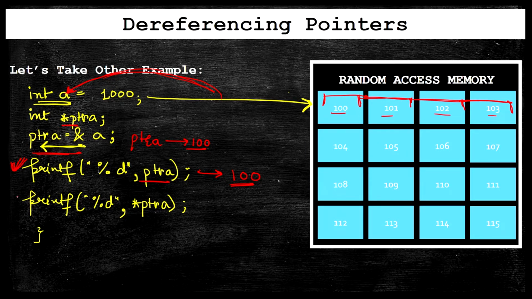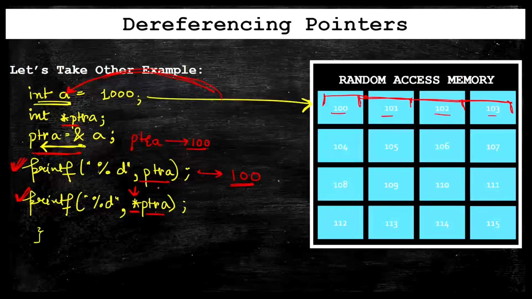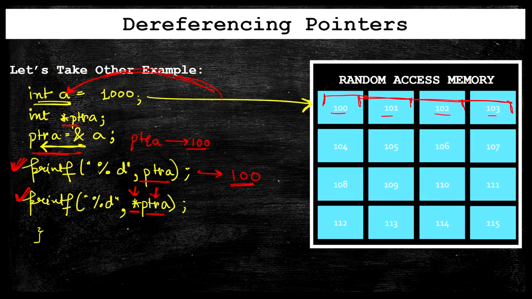Okay. Let's come to the next printf. Next printf says *ptr_a. So what will this *ptr_a do? This star will dereference ptr_a.